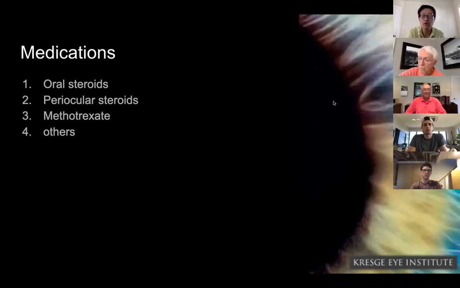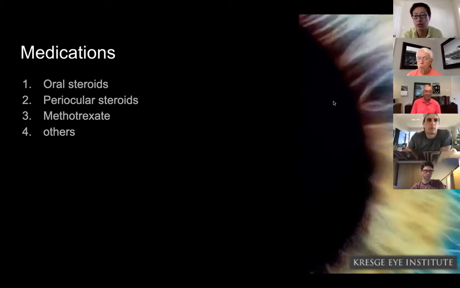But the inclusion criteria for that one is a little bit more stringent in terms of PVR. It has to be a repeat PVR. It can't be primary PVR. And it has to be about 3 or 4 clock hours of severe PVR. The other part of the same study is post-globe detachment, so we think we can probably recruit a lot more in that arm than just severe PVR.